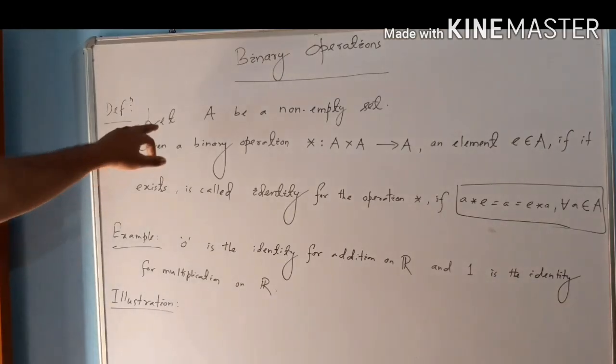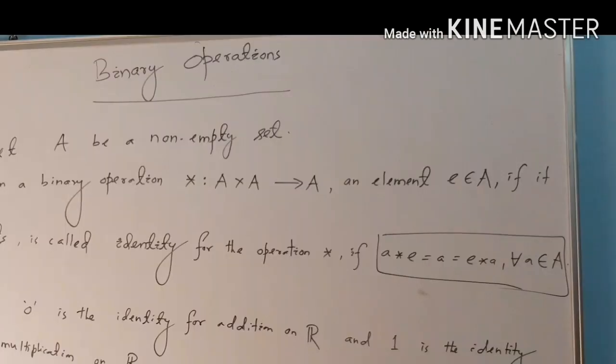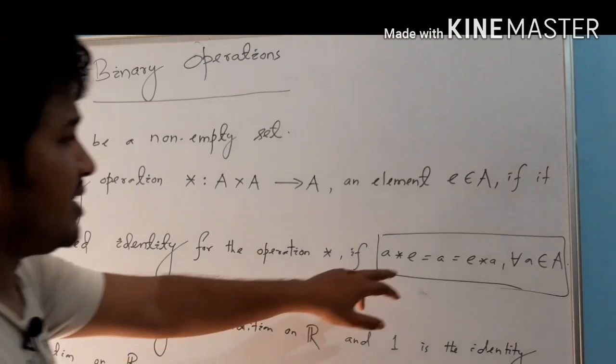Definition: let A be a non-empty set. Given a binary operation star from A cross A to A, an element E belongs to A, if it exists, is called identity for the operation star if A star E equal to A equal to E star A for all A belongs to A. That means the element E is called the identity if the element satisfies these conditions.